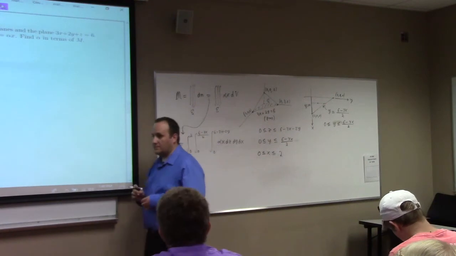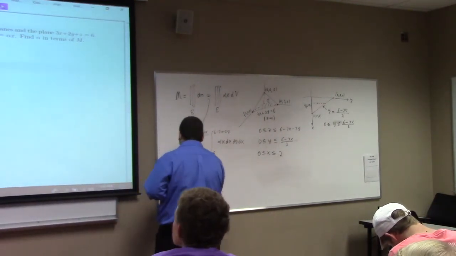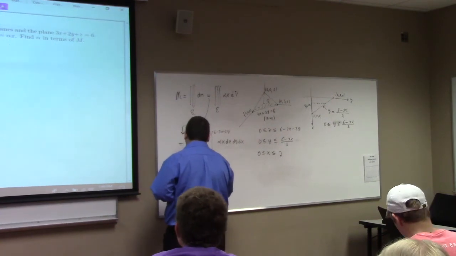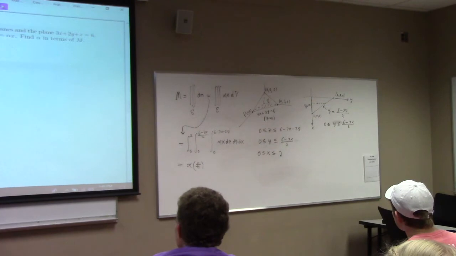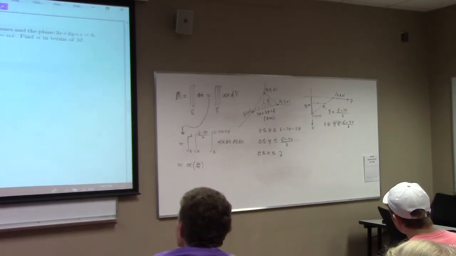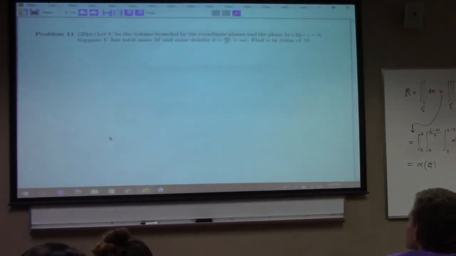There you go. That will give you alpha times some number, right, when you sort through it. And the answer, as I've stated the question, would be that alpha is equal to m divided by that number. Although I usually ask for m in terms of alpha. My wording here is strange to my taste. Yeah.